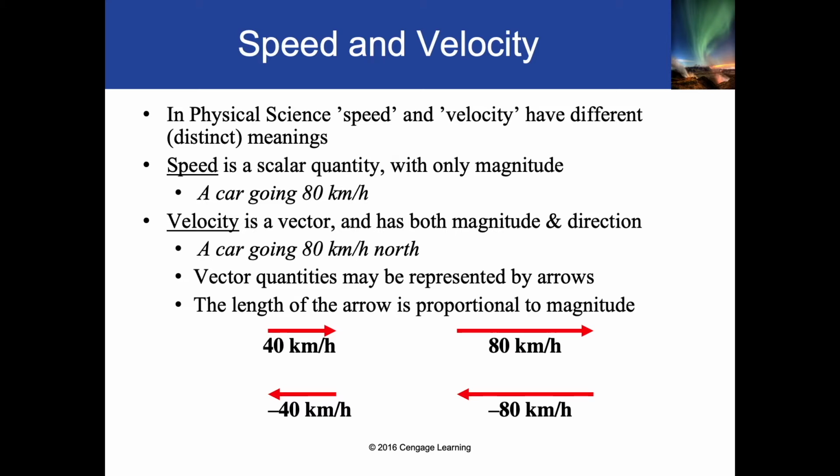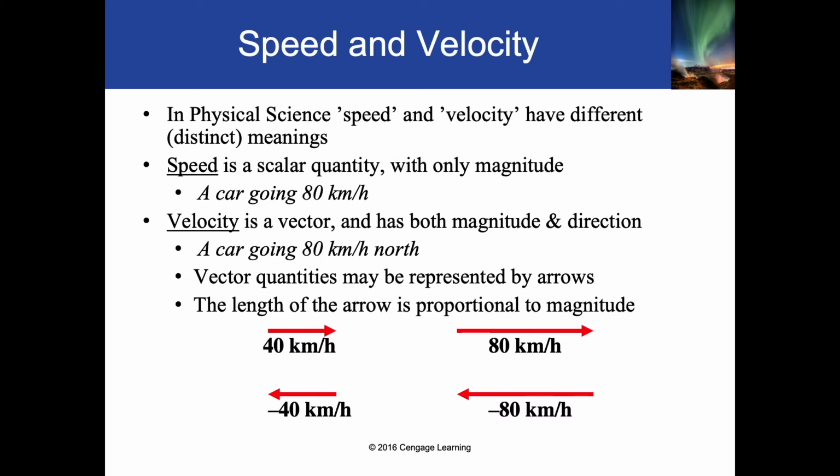But to make it more specific, you can say this car is going 80 kilometers per hour north. The difference is that speed only has a magnitude, or how fast you're going, whereas velocity is a vector, and a vector has both a magnitude and a direction. That's why you say a car is going 80 kilometers per hour north.